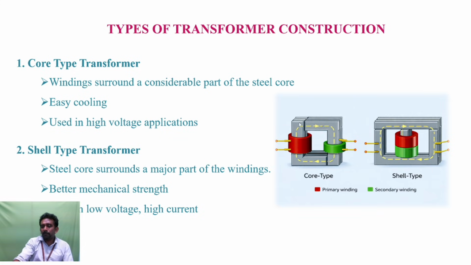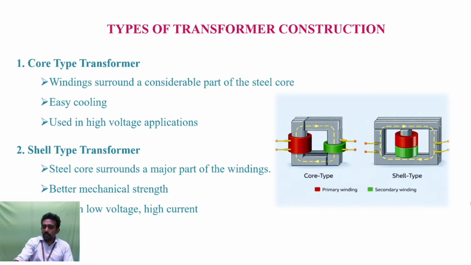In one limb of the transformer core we wind the primary, and on the other side we wind the secondary. The core type transformer is used for easy cooling and in very high voltage applications.